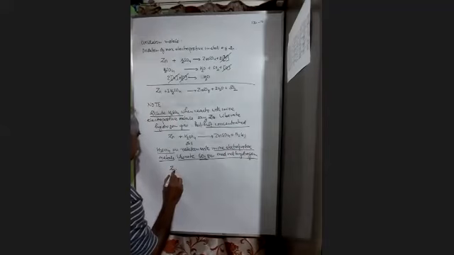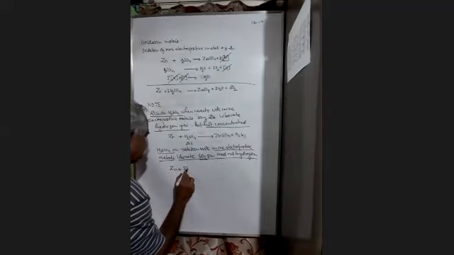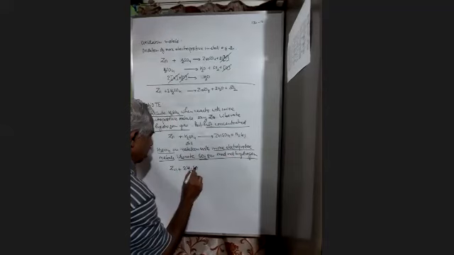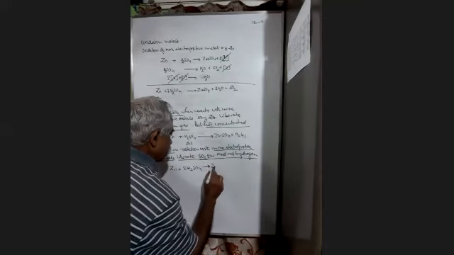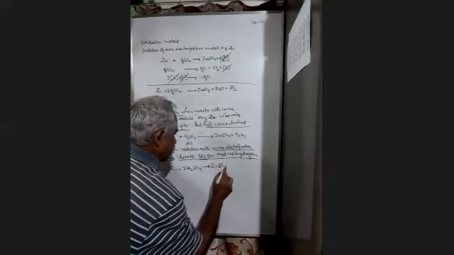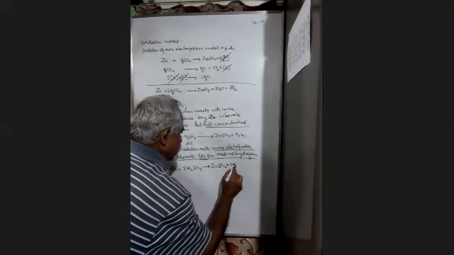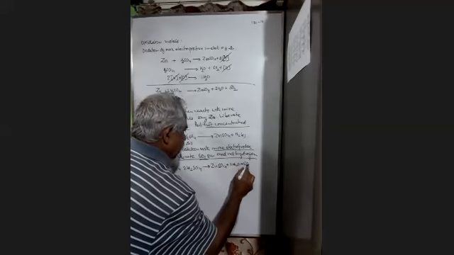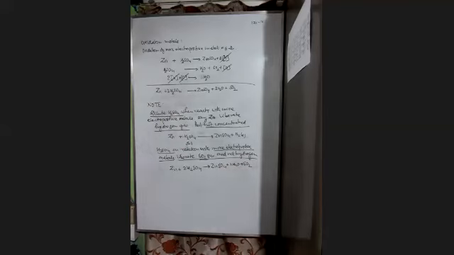So it is zinc plus 2 H2SO4, zinc sulfate, 2 water and sulfur dioxide. Don't forget, otherwise I'll break your head.